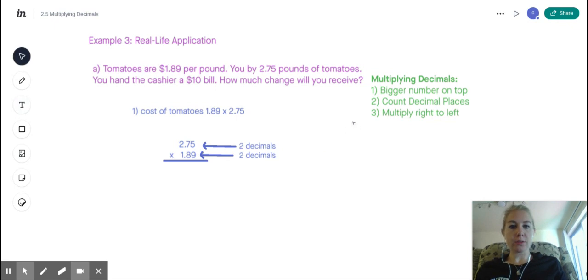Remember, we count the number of decimals and then add them together to find out how many decimals are going to be in our answer. So our answer should have 4 decimals because 2 plus 2 is 4.